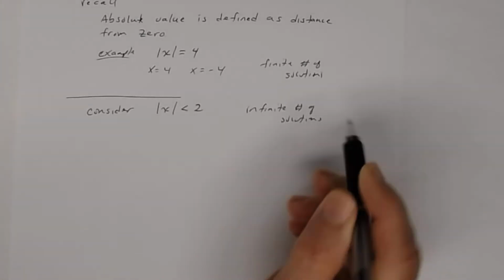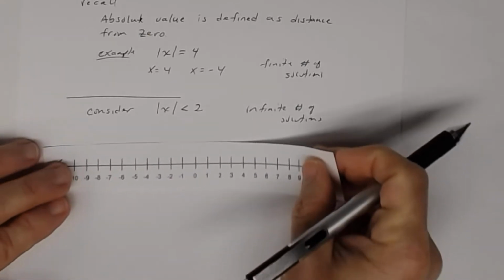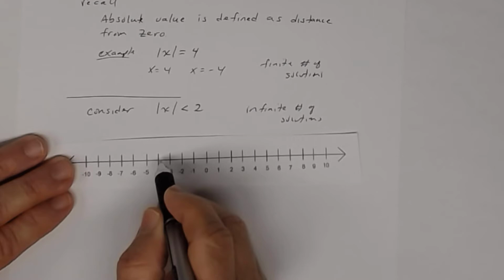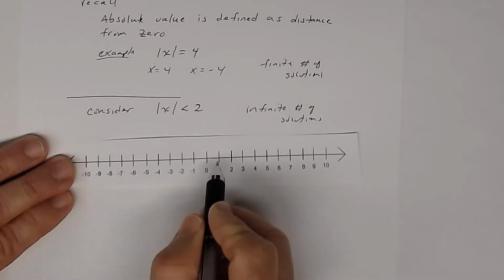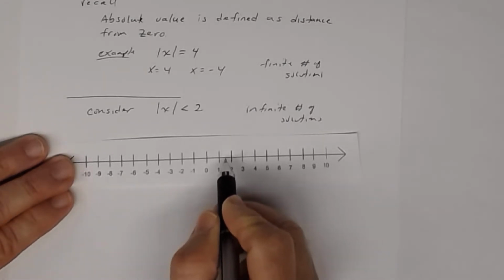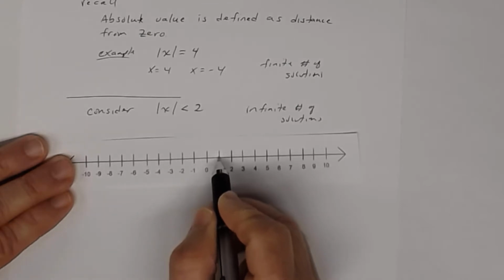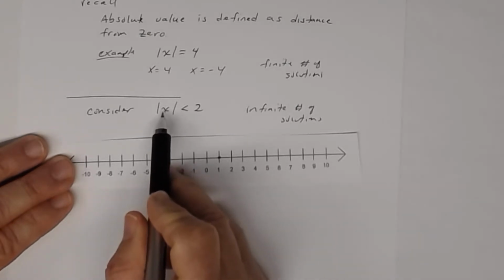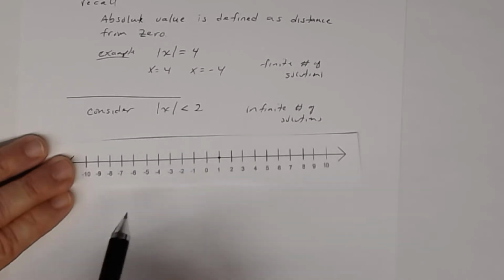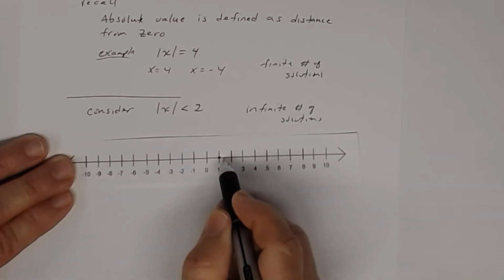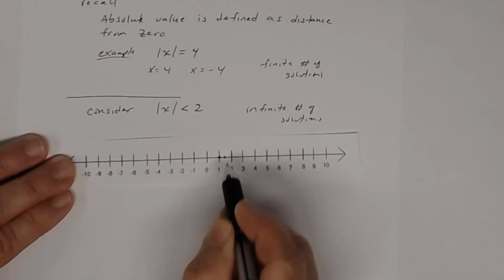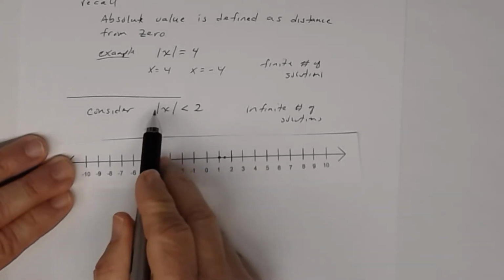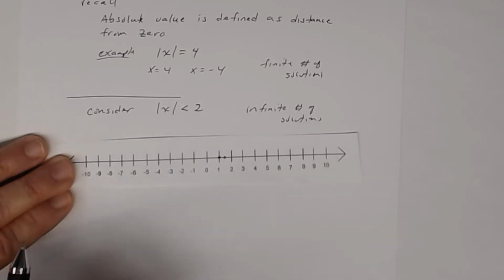So for example, if I look at this number line, and I look at the number 1, the absolute value of 1 is 1, right? And 1 is less than 2. So 1's a solution. But if I look at, let's say, 1.5, the absolute value of 1.5 is 1.5, and 1.5 is less than 2.